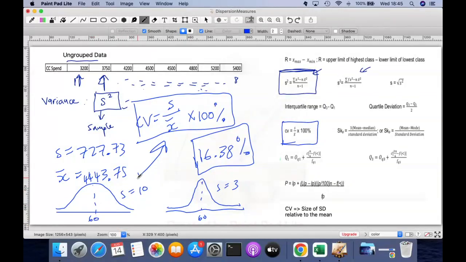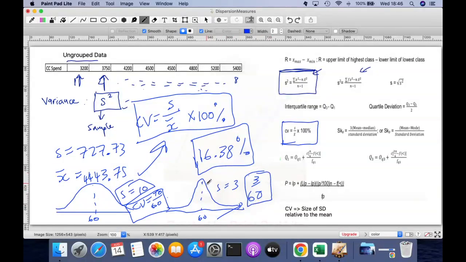This distribution has a higher S. So when you work out the CV here, it is 10 over 60. And here, the CV is 3 over 60, because your S is the numerator and your mean is 60. So you can see that this value is a lot bigger than this CV value.